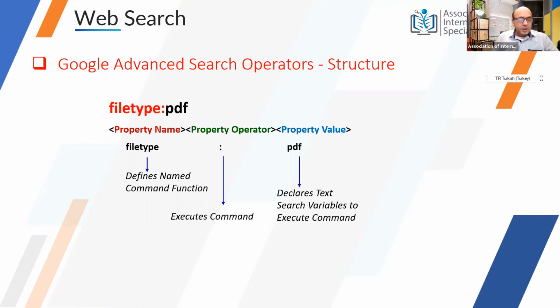That has to be in capital letters, but the rest in small caps. The file type name is technically, from the programmer's perspective, or how textual search algorithms work, what we call the property name. File type is a property name.